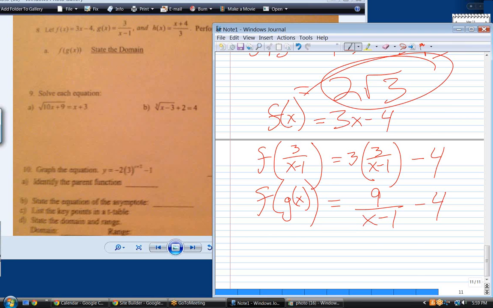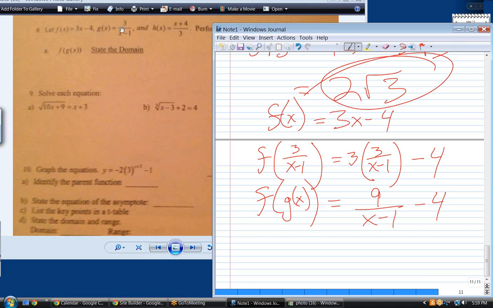We didn't. Okay. What's the domain of this function? First of all, what's the domain of f of x? Is there anything x can't be? No. So it's negative infinity to positive infinity.